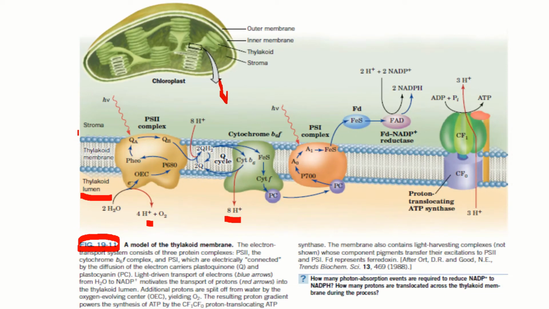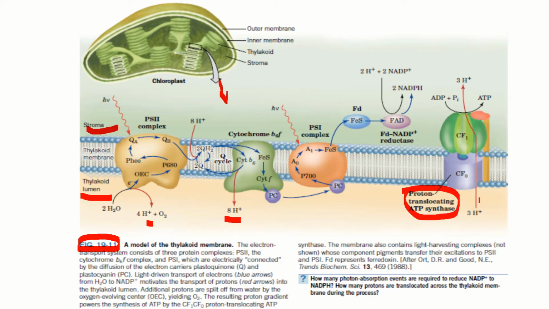Look here, this is the stroma. Outside the membrane is the stroma. The protons are lost from the thylakoid lumen to the stroma only through one channel, that is the proton translocating ATP synthase.